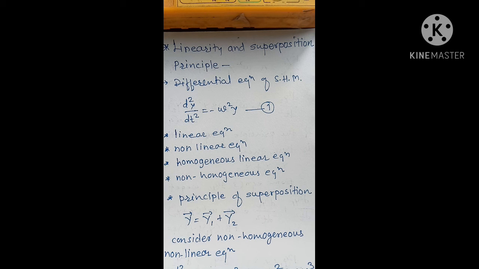Now equation 1 does not contain a term which is independent of y, and hence it is called a homogeneous linear equation. So this equation is the homogeneous linear equation.